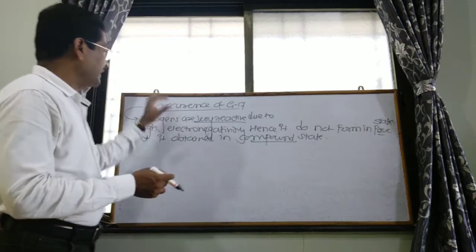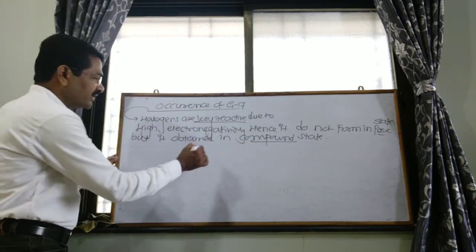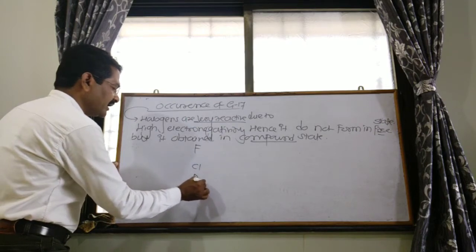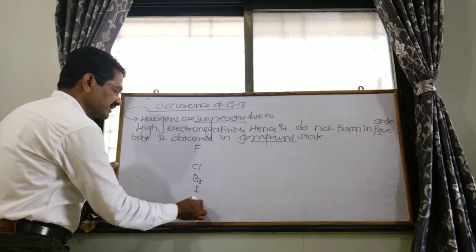In halogens there are a number of elements: first fluorine, second chlorine, third bromine, iodine and astatine.